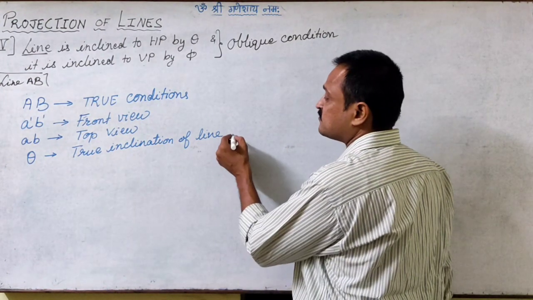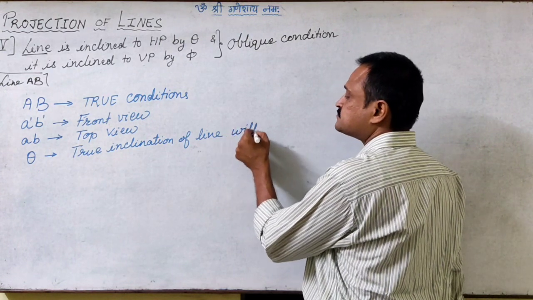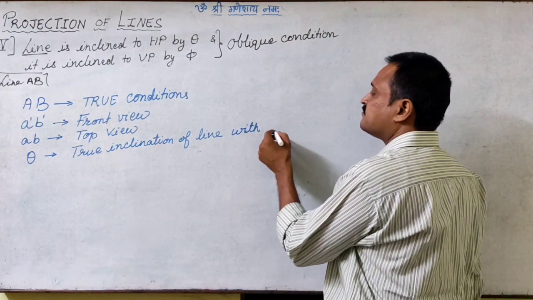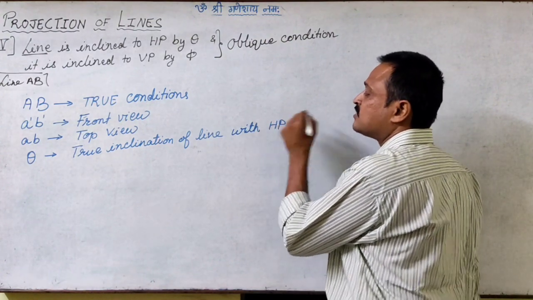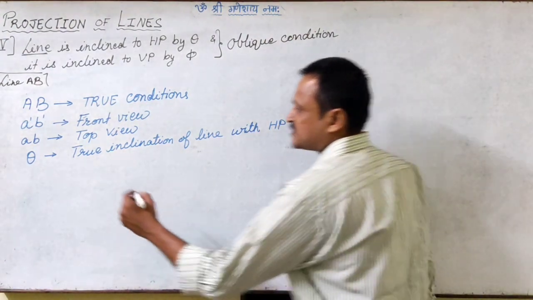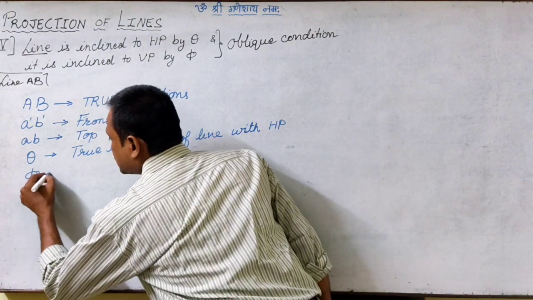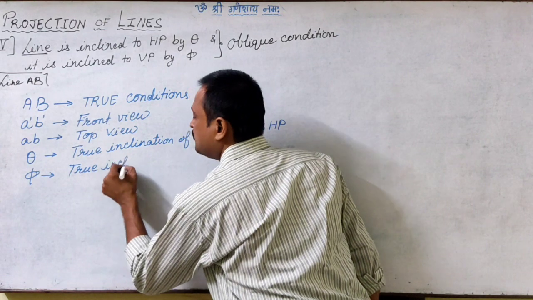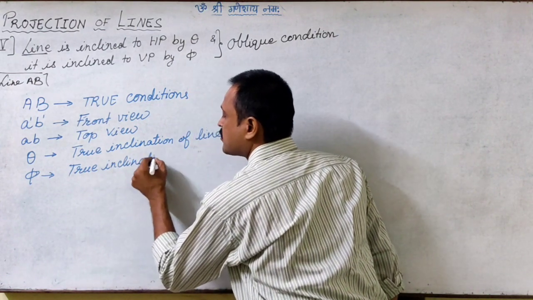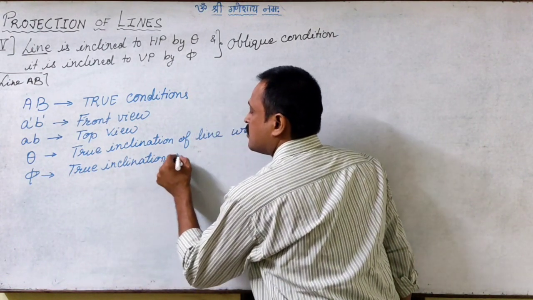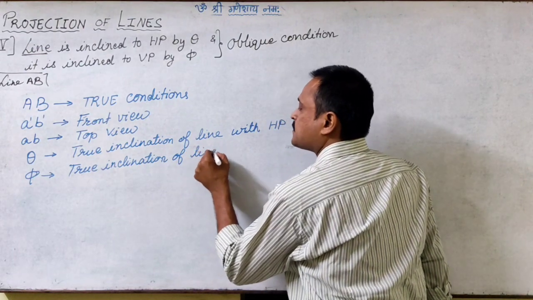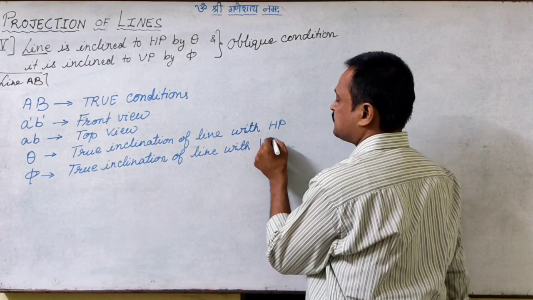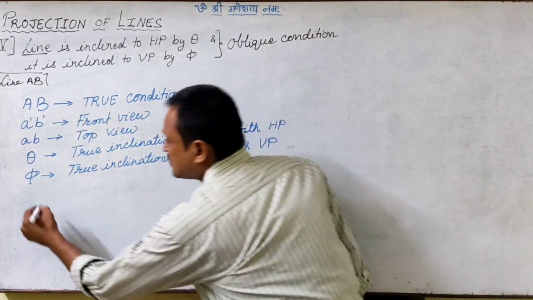So it is the true inclination of the object with the horizontal plane, the HP. Then phi, it is the true inclination of the line with the vertical plane, VP.